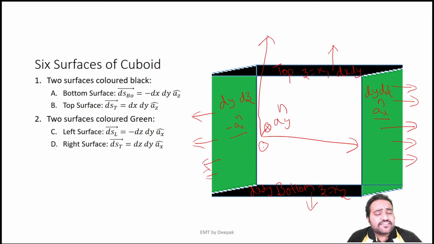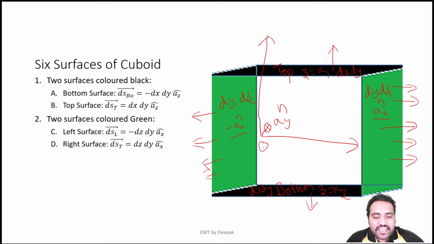The normal to the front surface is obviously coming out of the screen, whereas the normal to the back surface is going into the screen. That is, the normal to the back surface is along ay cap and the normal to the front surface is along minus ay cap. What about the area?